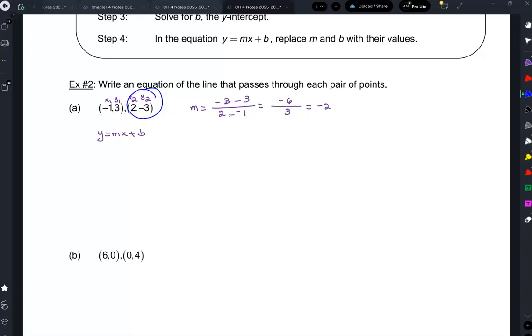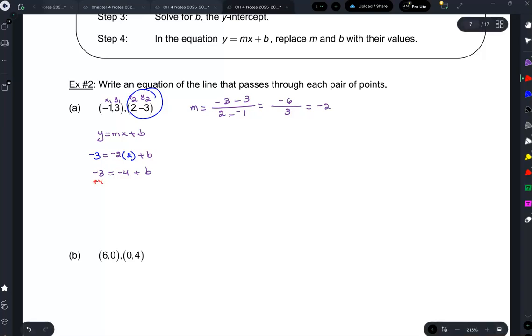So I'm going to do negative 3 equals, the m is negative 2. What's the x? 2 plus b. So negative 3 equals negative 4 plus b, right?